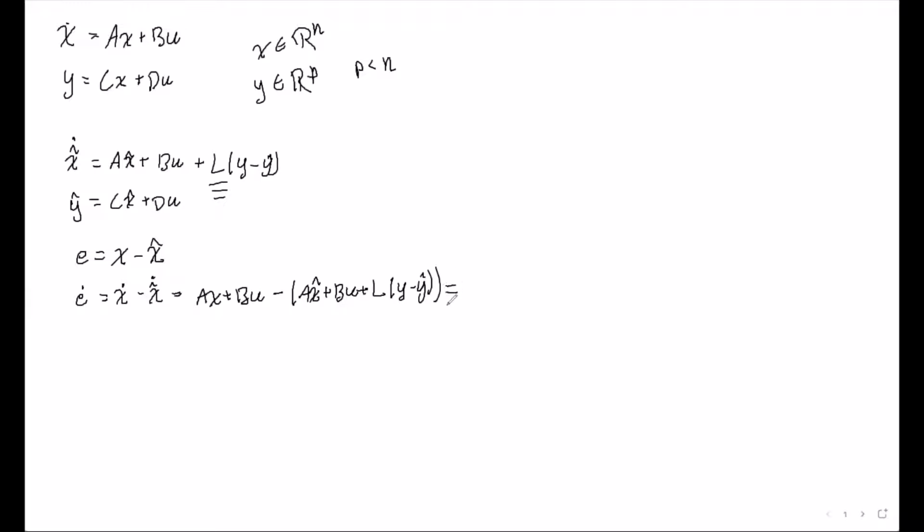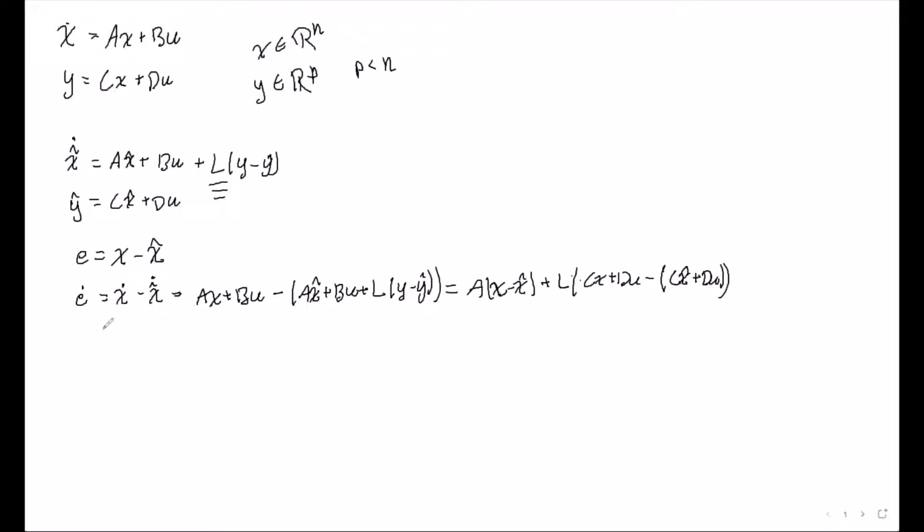This can be simplified down to A times x minus x hat plus L times, and then we can substitute in the two y's, giving us Cx plus Du minus C x hat plus Du.